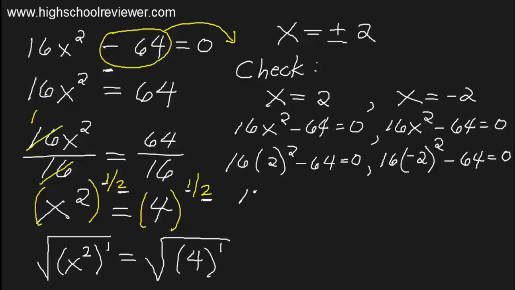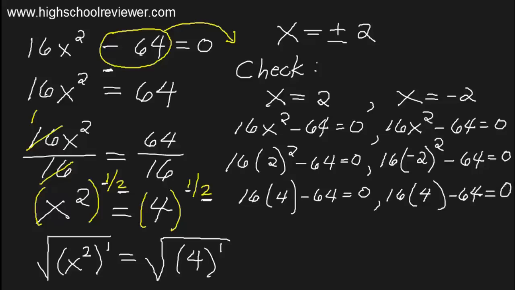So we will have here 16 times 2 raised to the power of 2, that is positive 4, minus 64, this will be 0. And 16 multiplied by negative 2 raised to the power of 2, that will be positive 4, minus 64, and this will be equal to 0.